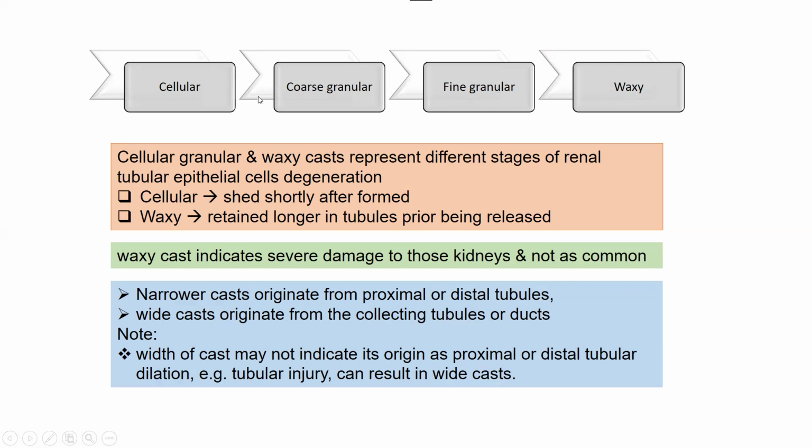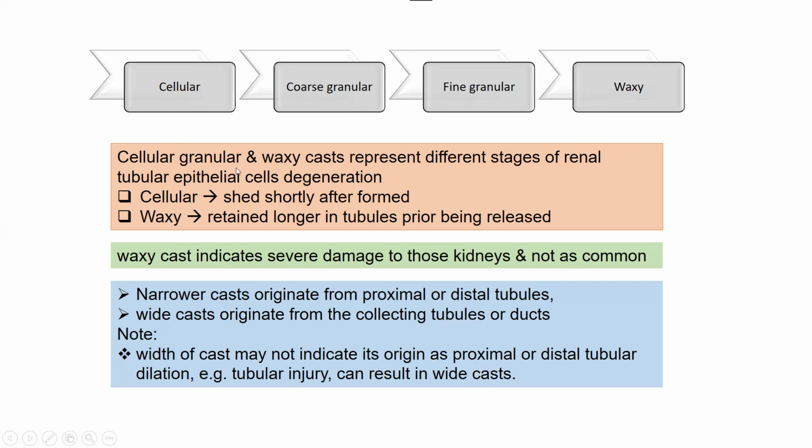So there are two things: either the cellular cast forms and gets excreted in the urine, so you are going to see cellular cast in the urine. But if cellular cast forms and it stays for some time, it will start to degenerate into either coarse granular cast or fine granular cast or waxy cast, and then the animal voids its urine sometime later. So you are not going to see cellular cast, rather you will see one of these three casts. So it will define how long the casts are staying in the tubules.